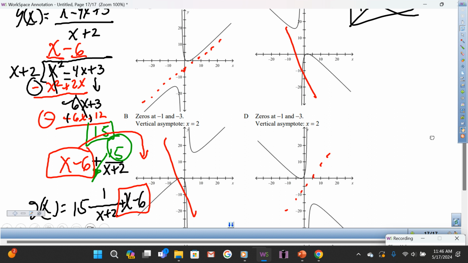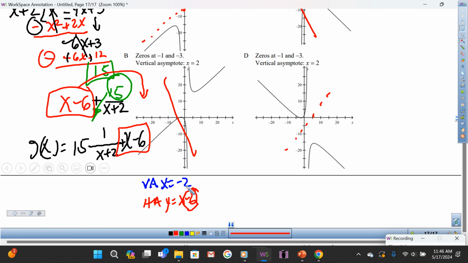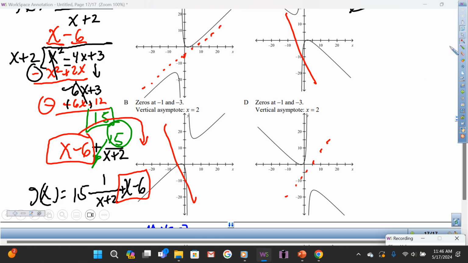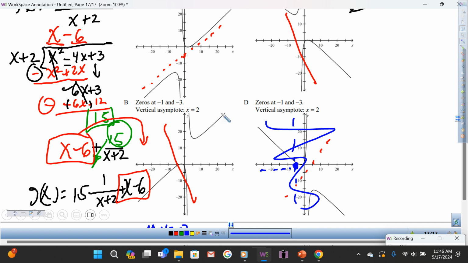However, what was my VA? Negative 2. Which one has the VA at negative 2? Let's see. Do both of them do? Negative 2. Oh, sorry. Negative 2 is over here. Nope, not this one. Is it this one? Yes, correct answer is A.